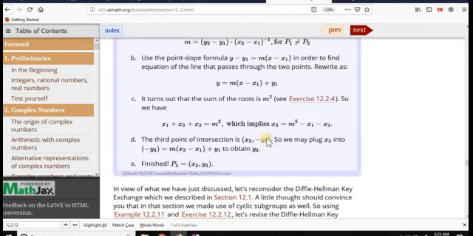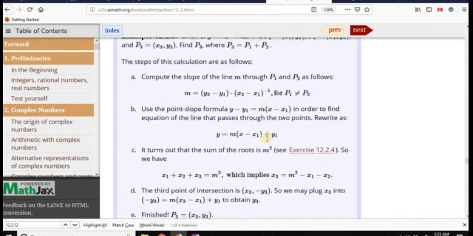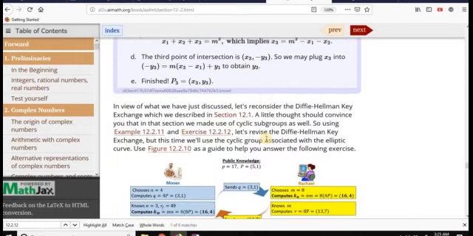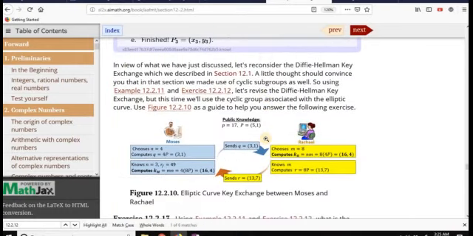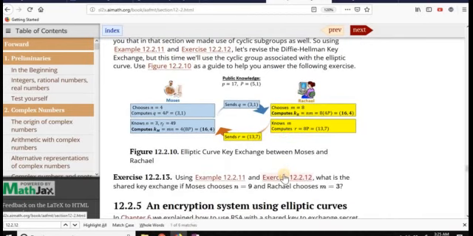So try it and see. Okay. And then here, this diagram looks very similar to the one in the Diffie-Hellman chapter. It's just that you're using a different one-way function.